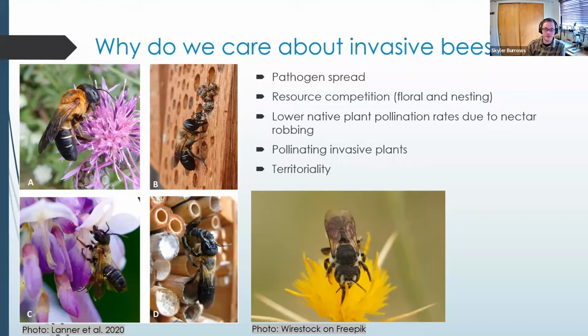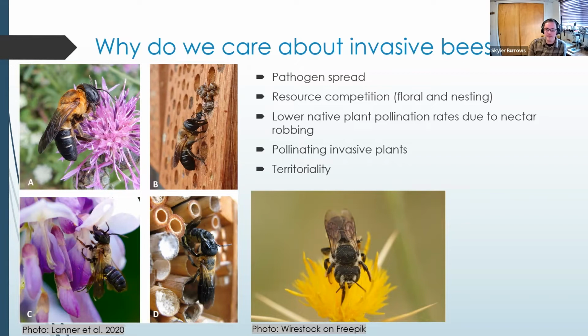In this case, it was commercially used bees, Bombus impatiens, but it seems like some of the pathogens from that species transferred over into our native species and caused a population crash. And so that's something we really don't want. It's really hard to stop a pathogen once it gets in our system. And so the sooner we can detect these things, and the more we monitor and watch the spread of some of these introduced bees, the more we can hopefully prevent that.